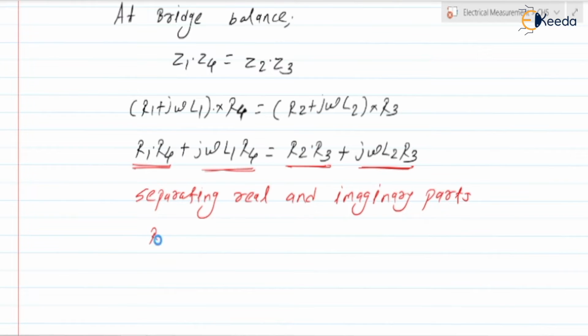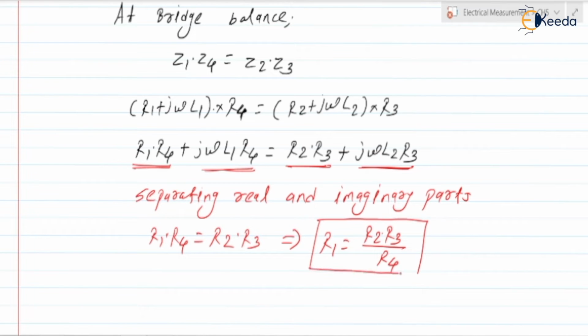Here R1 R4, that is the real part at the left hand side, should be equal to the real part at the right hand side. So from this can we write R1 is equal to R2 R3 by R4. Yes, R1 is equal to R2 into R3 divided by R4. This is the expression for the unknown resistance R1.